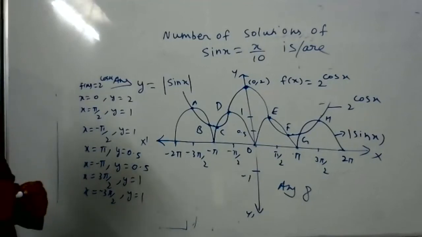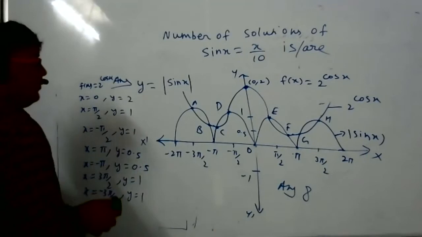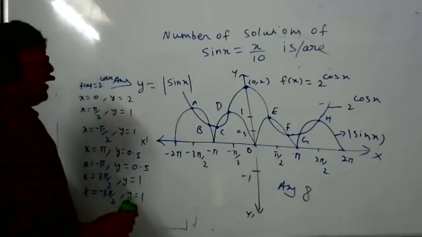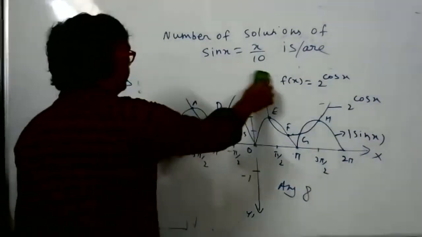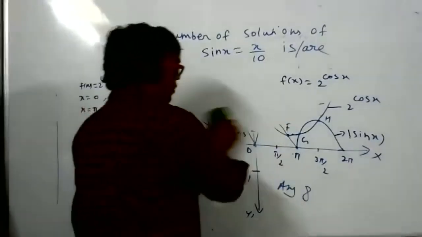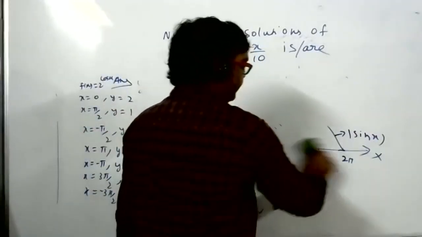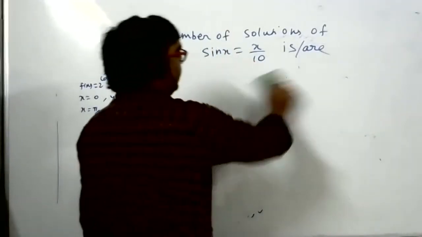Student, if you carefully see, what is the left hand side? Sin x, a trigonometric function. What is the right hand side? Which curve is the right hand side? Himanshu, what is the right hand side curve?